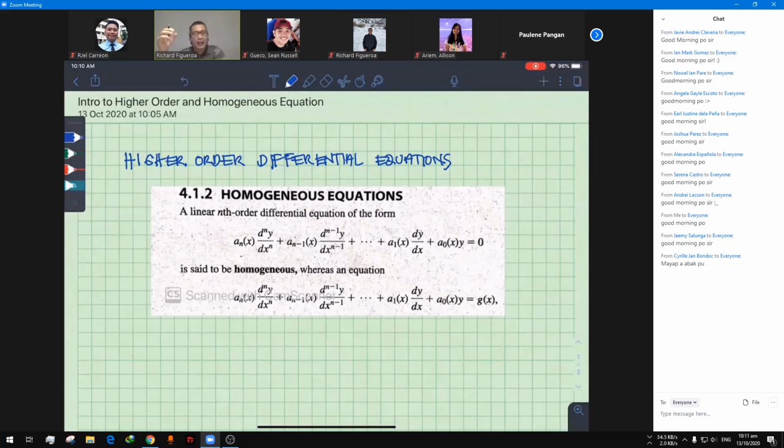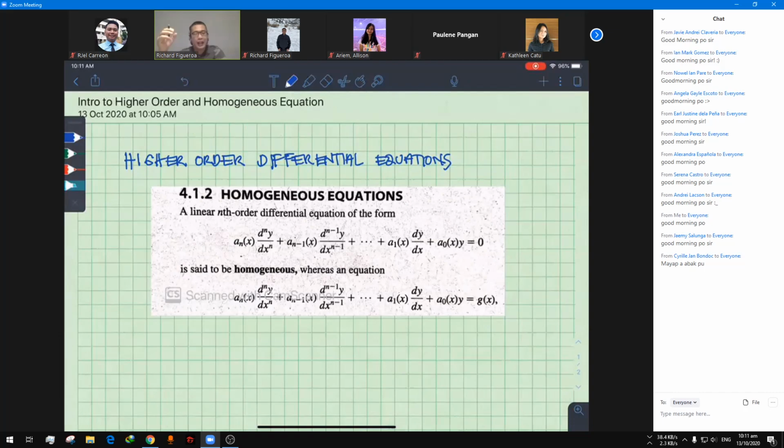Although the meaning would be the same, the perception for the homogeneous equation under higher order differential equations is that if a given differential equation involves a function and its derivatives only, that is considered homogeneous.